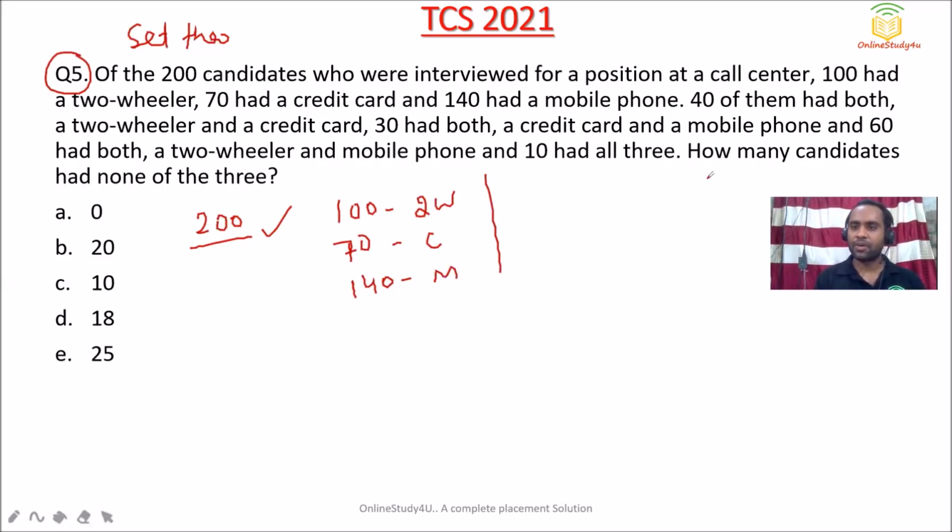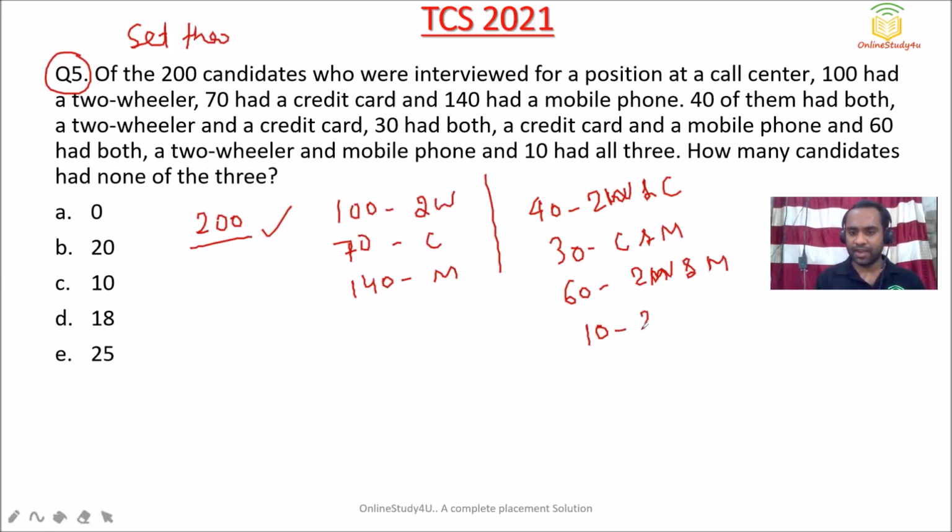Now 40 of them had both a two-wheeler and a credit card. 30 had both credit card and mobile. 60 had both two-wheeler and mobile phone, and 10 had all three.